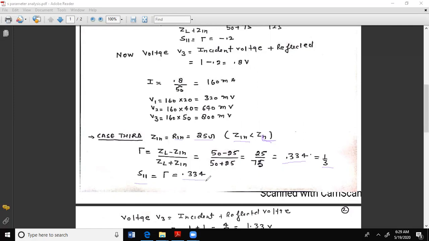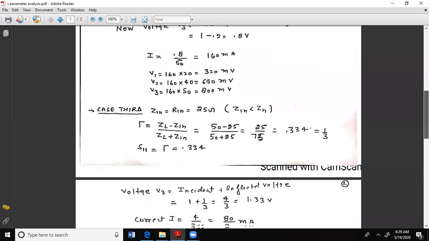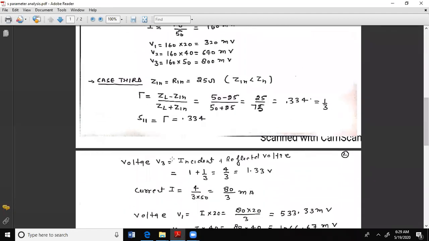In this case the reflection coefficient is positive, because we have taken the input DC voltage as 1 volt. The total voltage at the input terminal is equal to the incident voltage plus the reflected voltage.